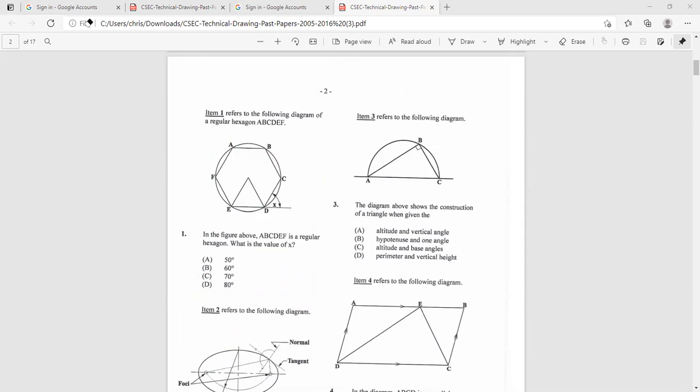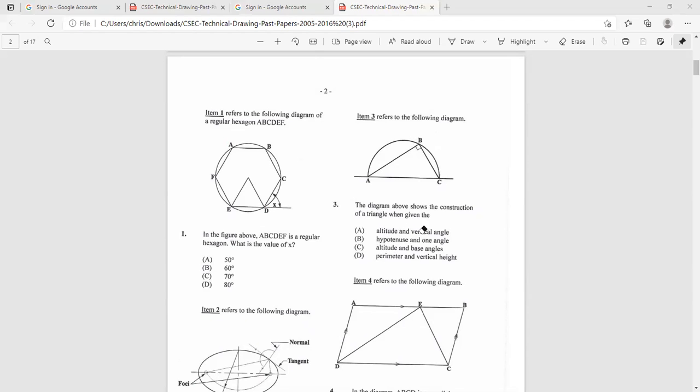Question number 3 refers to the diagram. The diagram above shows the construction of a triangle when given the hypotenuse and one side. Let me see if any of those say that.